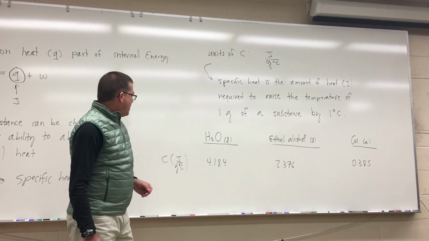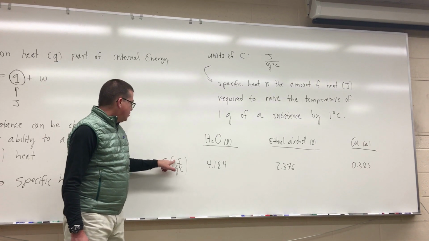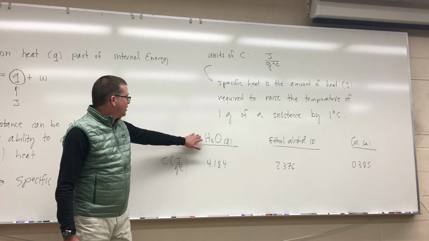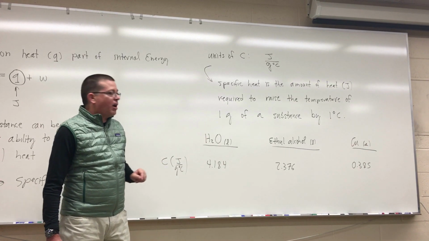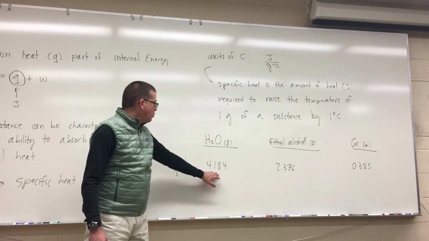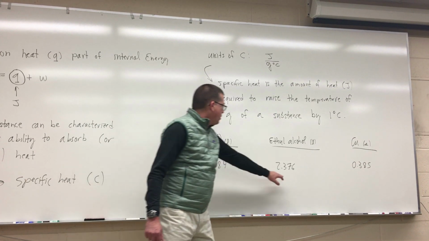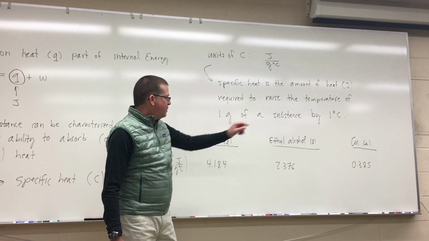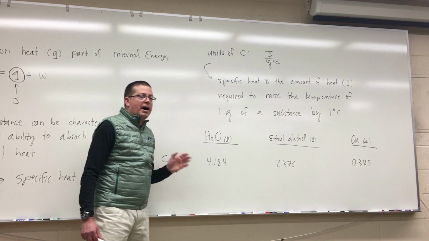If we look, for example, at specific heats measured in joules per gram degree Celsius for 3 different substances, liquid water, liquid ethyl alcohol, and solid copper, we see values of 4.184 for water, 2.376 for ethyl alcohol in the liquid state, and finally 0.385 for copper.